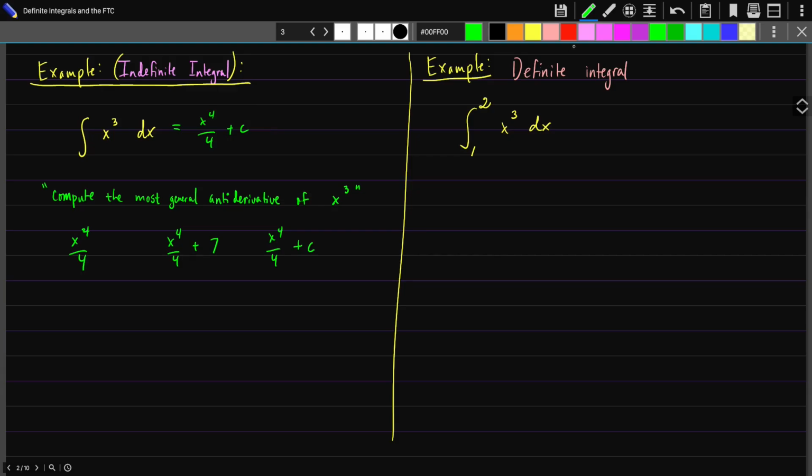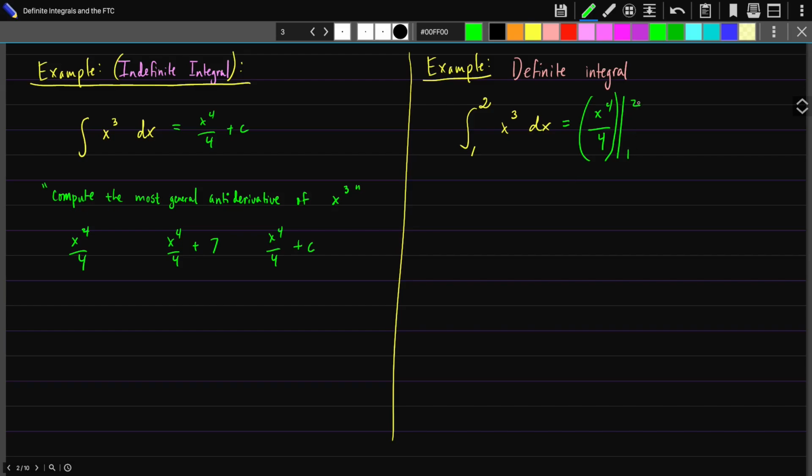In contrast, this definite integral here is asking us for a number. The answer to this problem is ultimately going to be a number. The computation for one of these looks like the following. First we find an antiderivative, and then we evaluate that antiderivative at two different points. That's what this vertical bar means: we're evaluating it at the points that we write above and below.